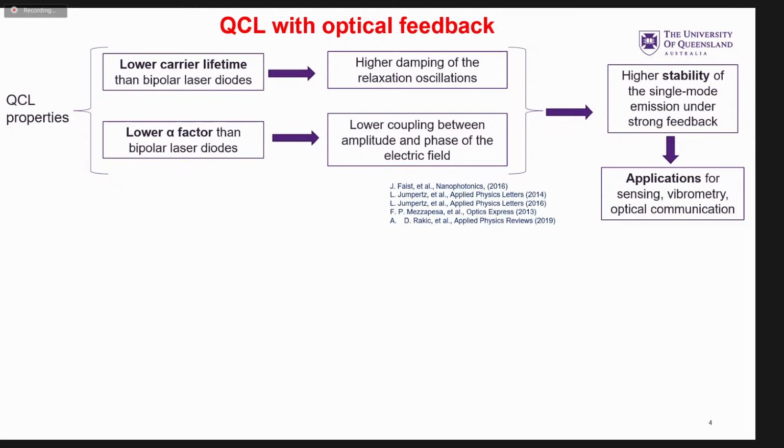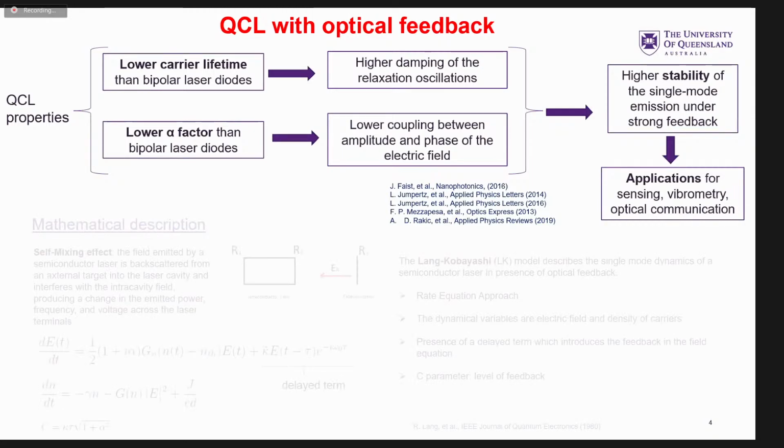This implies higher damping of the relaxation oscillation and lower coupling between amplitude and phase of the electric field, respectively. And the consequence of this is that these lasers exhibit higher stability of the single mode emission under strong feedback. And this has been exploited for applications in sensing, vibrometry, optical communication, and so on.